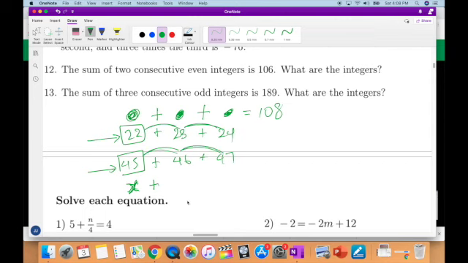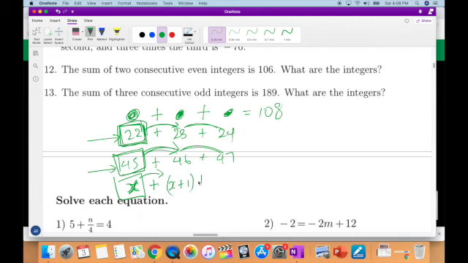When I take this one here, what do I have to do to this one to get that one? And what do I have to do to this one to get that one? So what am I going to do to this one to get the next consecutive one? So this one is going to be x plus 1.